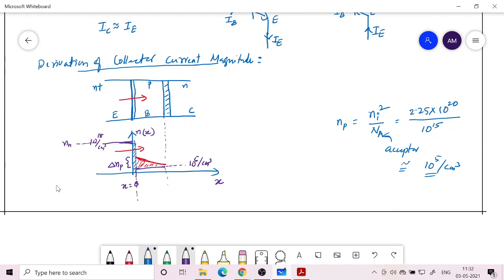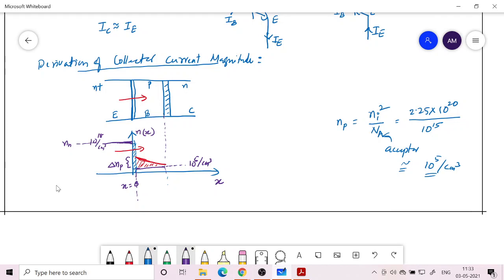So you can comfortably draw it like a straight line here, not much reduction. Actually there is going to be a reduction, but the fraction of reduction is very, very negligible. Whereas here, since the actual initial number is very small, 10 raised to 5, and if 10 raised to 15 comes here, it's going to be many orders of magnitude increase.